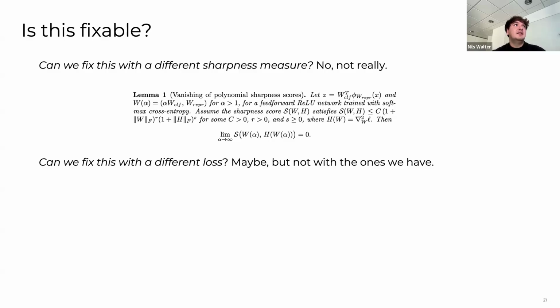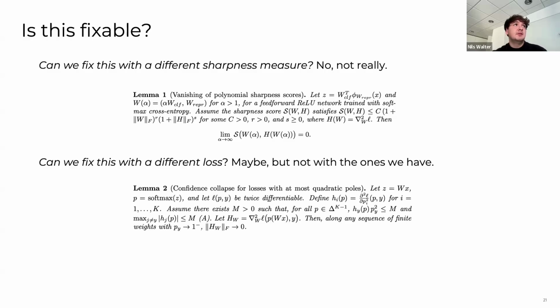Then can we try different losses? Maybe there are some, but we don't have them yet. What we can show is that under a very technical condition that essentially all modern losses fulfill, the Hessian will still vanish as soon as the network becomes confident in one of the classes, again making sharpness measures not necessarily useful for making statements about the global robustness of neural networks.